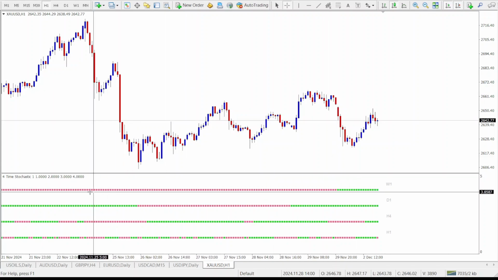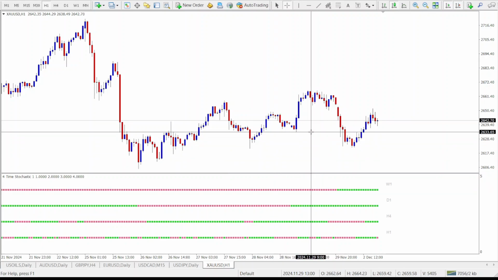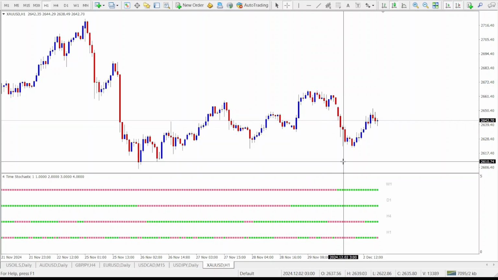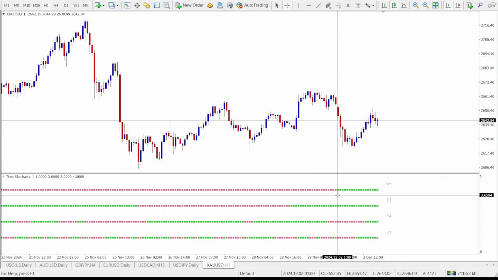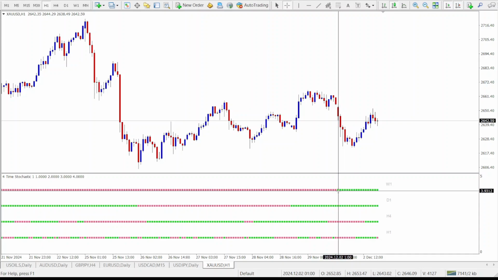Whenever you have consistent pink dots, it shows that there is bearish momentum in the market. Then at the first green dot, as we can see, when the first green dot formed, this is for the 1 week time frame.